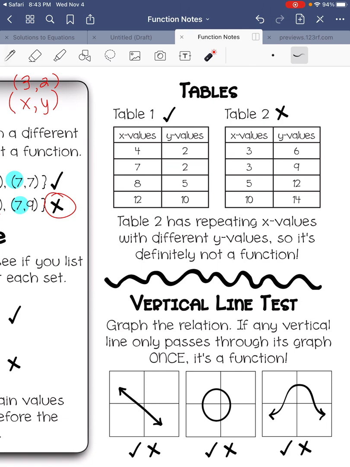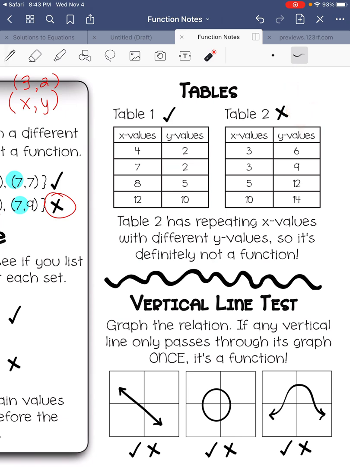All right, let's take a look at something. Here in this first one, 3 is assigned to 6. So 3 is partnered with 6. But down here, they partnered 3 with 9. So if this was a vending machine and I pushed 3, I could get a 6 or I could get a 9. I don't know what I'm going to get. So when that happens, there are 2 outputs for that input, and the rule says you can only have one output.